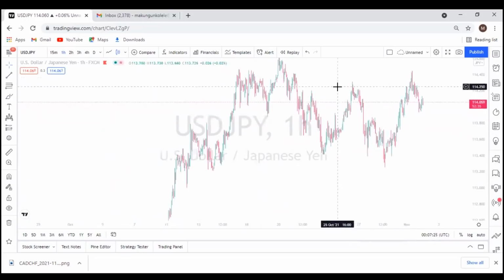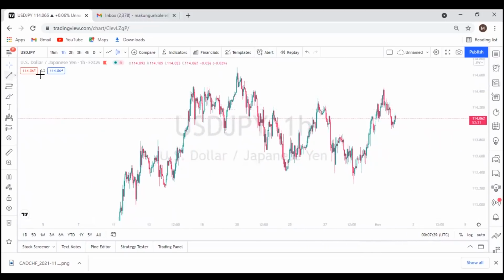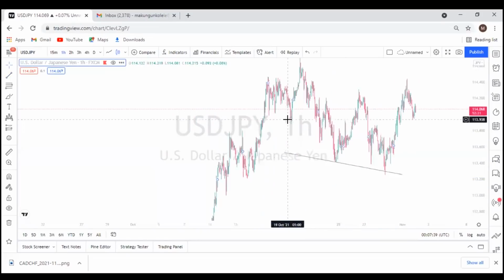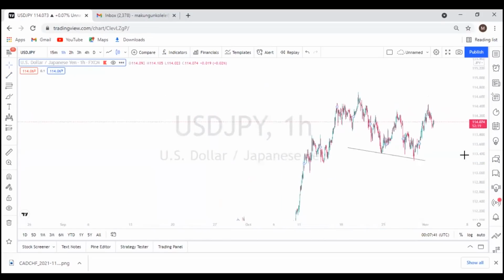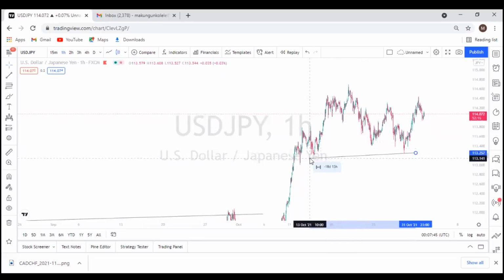So we have our price here, and this one is rather mixed as well. I don't know if I can stretch it out like this and use this as my first touch or not.